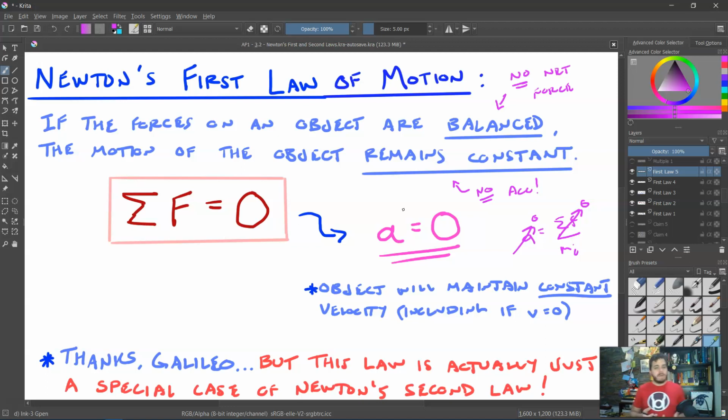Newton compiled his laws of motion in the late 1600s, about 1687, about 50 years after Galileo brought this idea into the fore, and after Galileo's death. But when Newton compiled them, the first law, he gave credit to Galileo and basically said it was he who came up with that thought process. Newton simply built off of it and created the second law of motion, which in a lot of ways contains the first law inside of it.